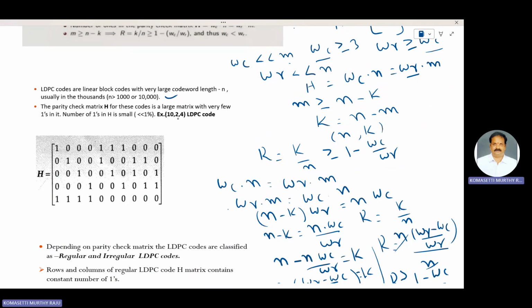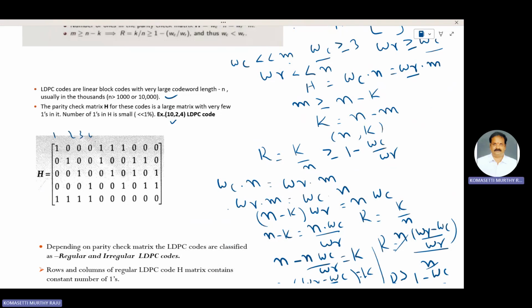Example: a (10, 2, 4) LDPC code. Here 10 is the code word length, that means the number of bits in the code word, not ones. Bits 1, 2, 3, 4, 5, 6, 7, 8, 9, 10.